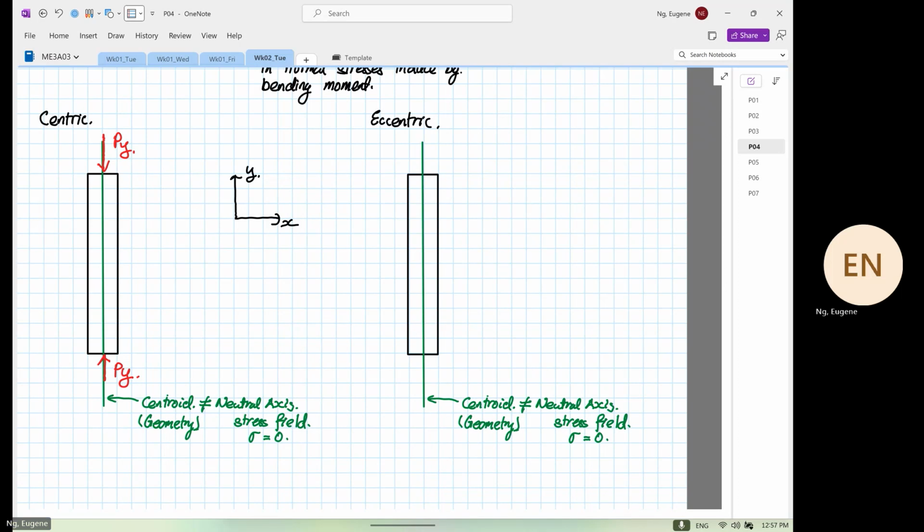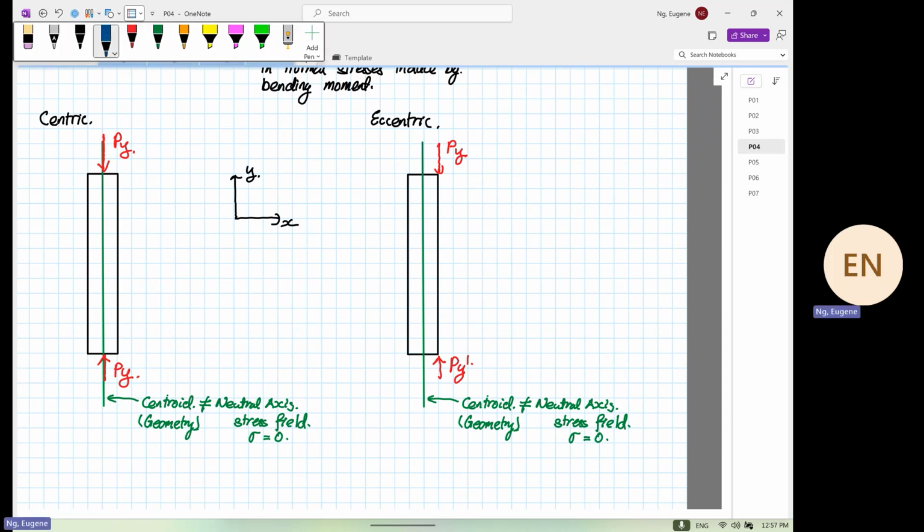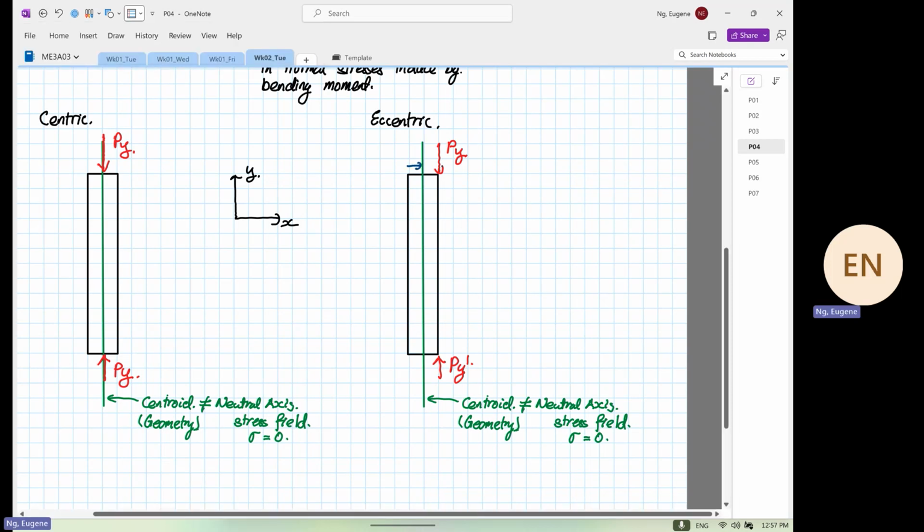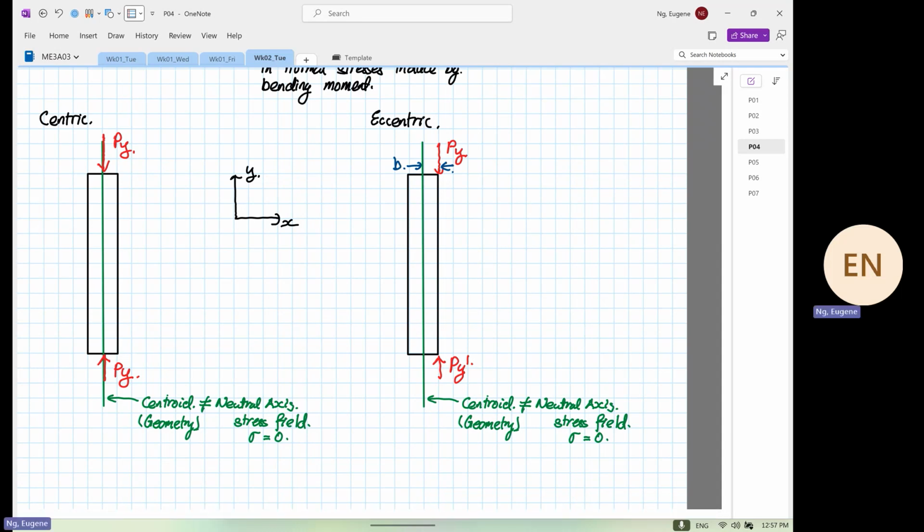Okay. Eccentric bending, you will see what? An offset. Okay. And this offset, you can see this distance from here to here. I'm just going to call it B. So now you see the difference between centric and eccentric buckling.